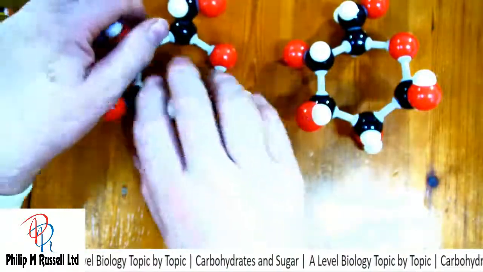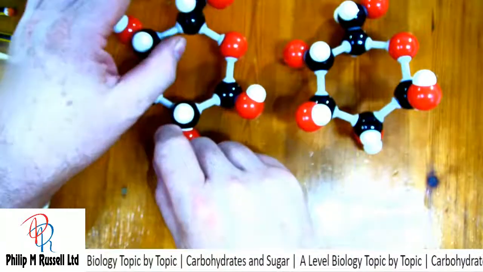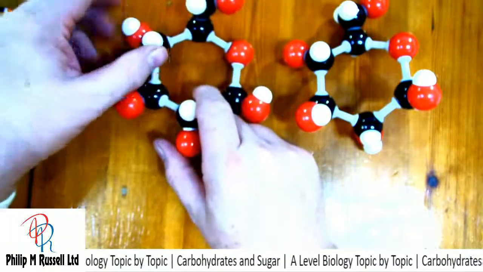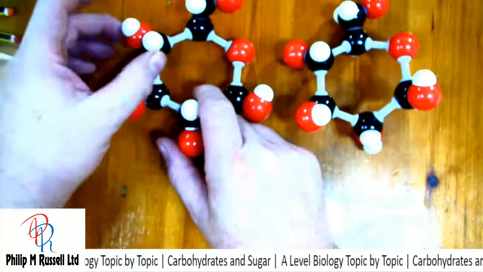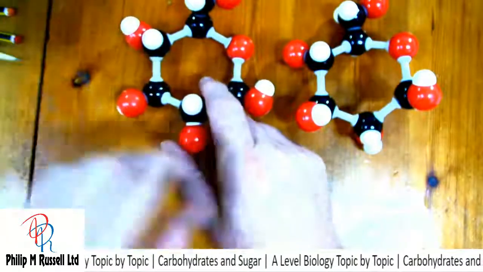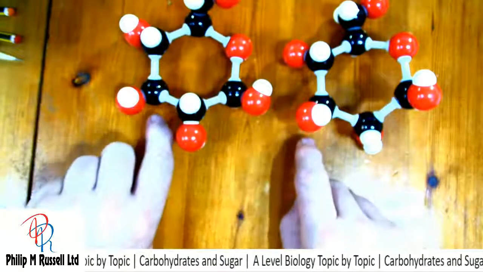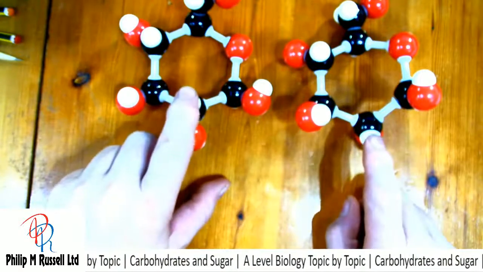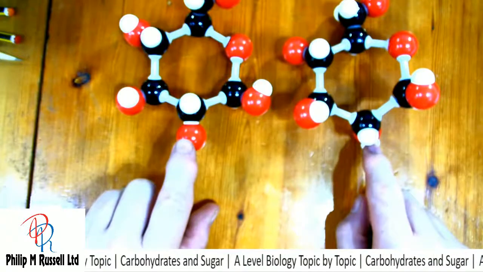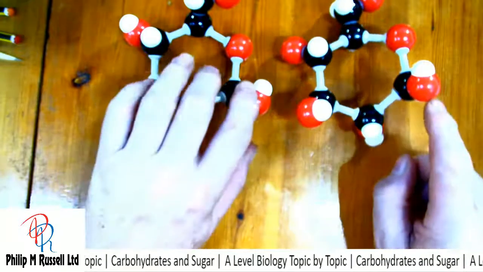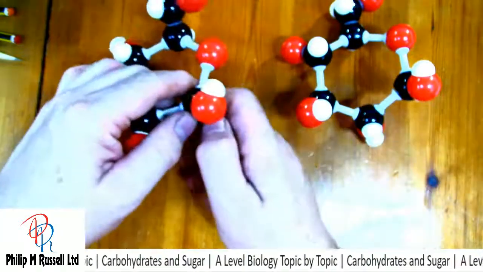So, carbon 6. This one we've got a choice of up and down, and it's exactly the same. This one we've got this one up, down. Here the hydrogen's up, that's down. And this one's in the same orientation.